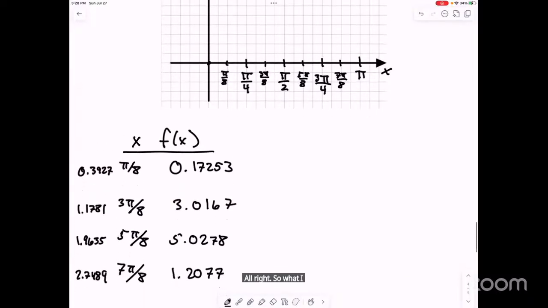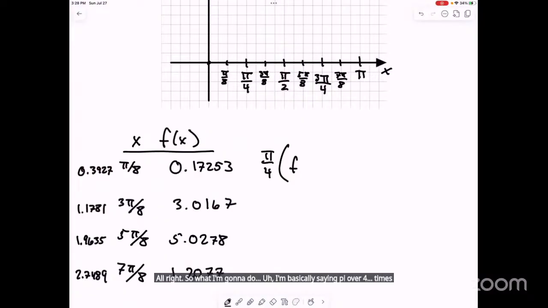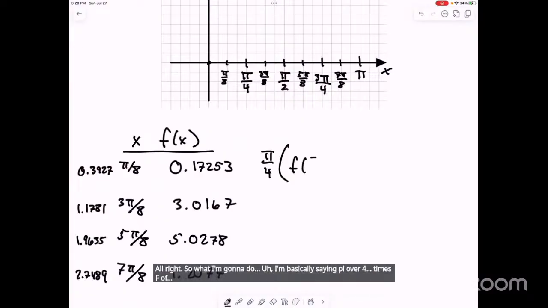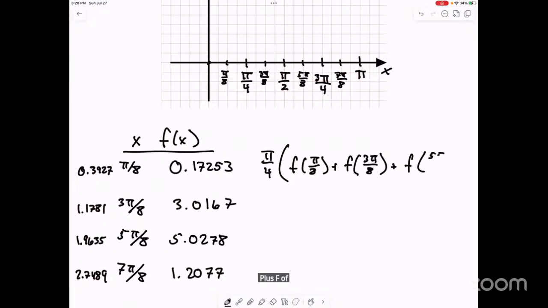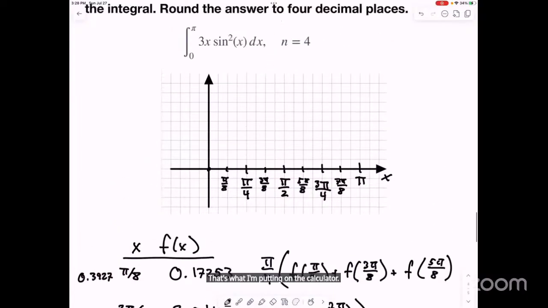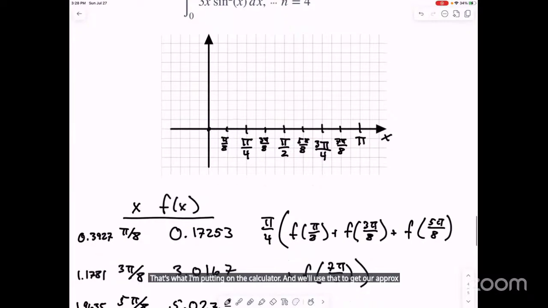So I'm basically saying pi over 4 times f of pi over 8 plus f of 3 pi over 8 plus f of 5 pi over 8 plus f of 7 pi over 8. That's what I'm putting in the calculator. And we'll use that to get our approximation. Okay.